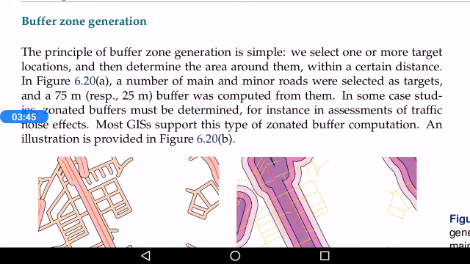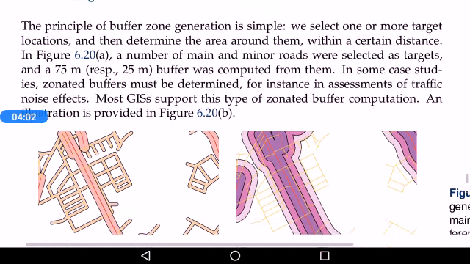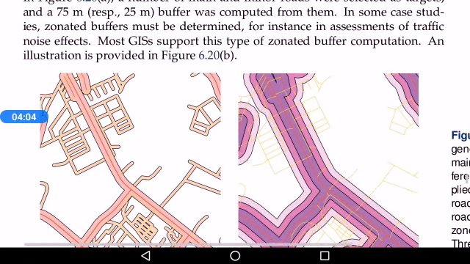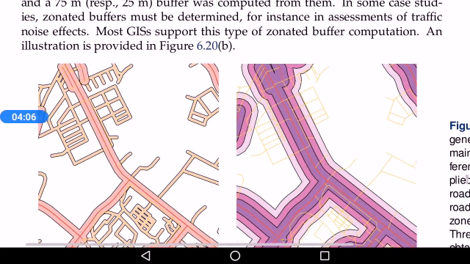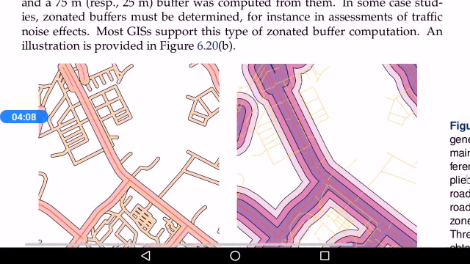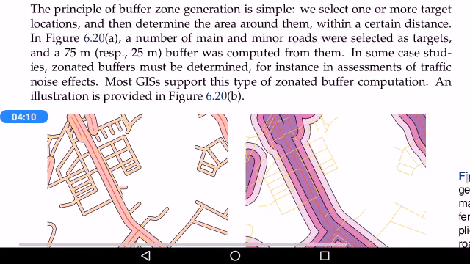Buffer zone generation. Now what do you mean by buffer zone? We have one or more target locations and we want to determine the area around those locations within a certain distance. So you can see in this figure A, there are a number of main roads, and there are some minor roads also.